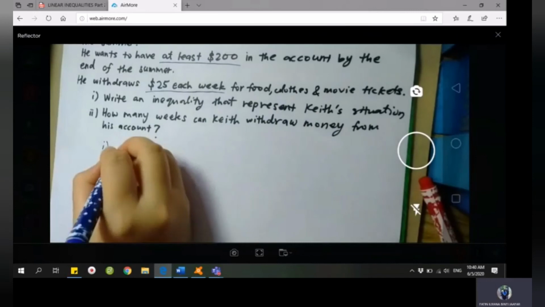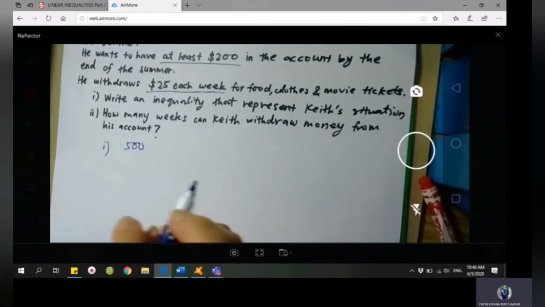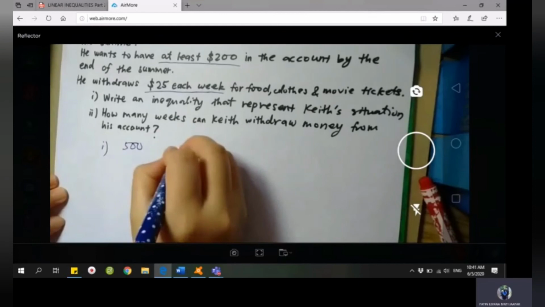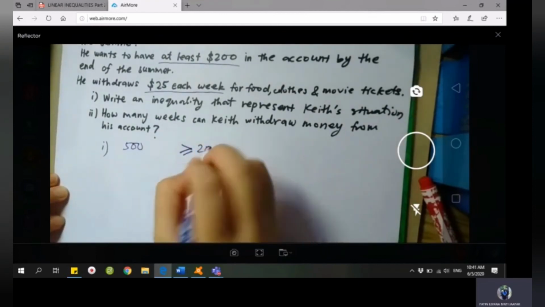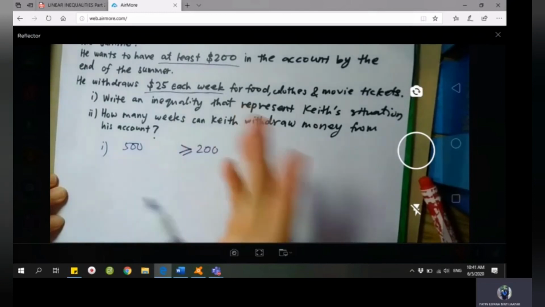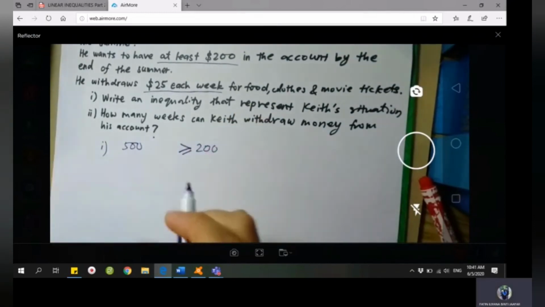Mula-mula dia ada $500. And then he want to have, dia nak ada sekurang-kurangnya 200. At least $200. So at least kita akan guna ni, more than or equal. Sekurang-kurangnya 200. So kalau 201, $250, $250 is more better lah.